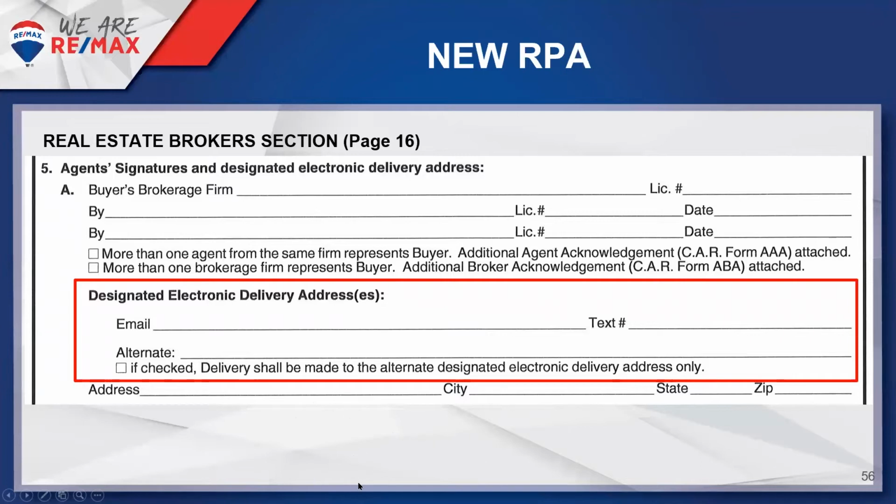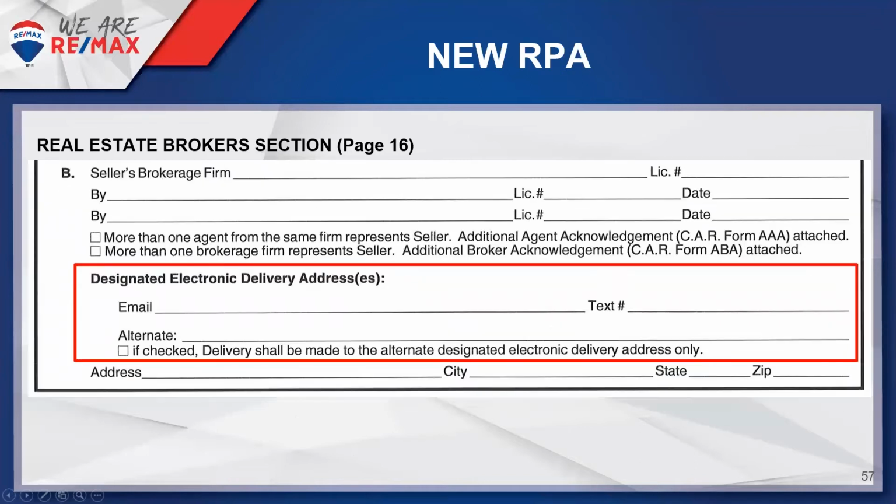Likewise, along the same lines, there's also one for seller's firm. If this is blank, you should counter in that must be provided, because that is how you're going to effectively make delivery.